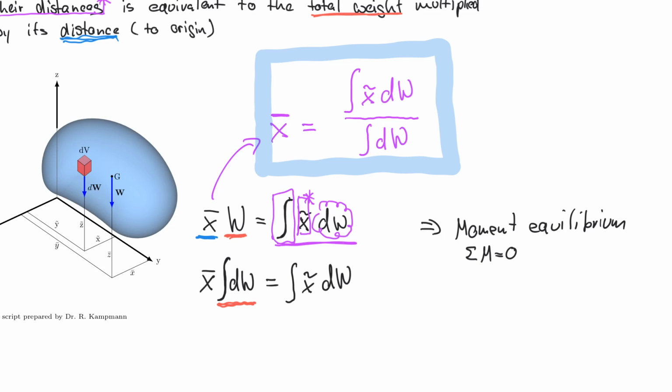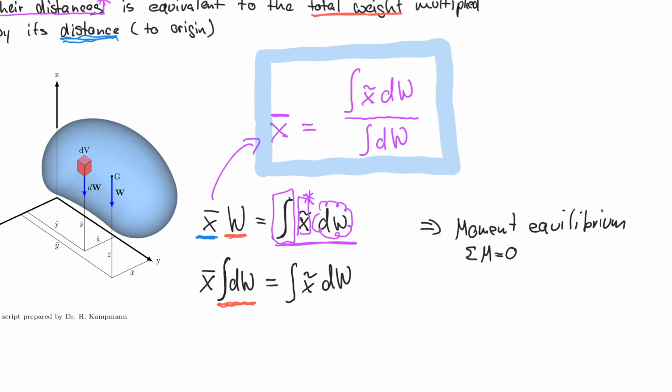Later on we'll do it for volume, for mass, and for areas. But the actual formula will always stay the same. You will always see an x tilde, you will always see an x bar, you will always see an integration sign. What you won't see probably is a dw all the time. So this can be replaced by other things, as you will see in just a second.